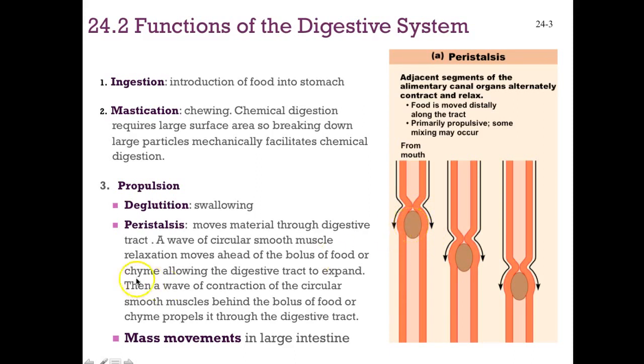Once we get into the stomach, we call that food chyme because it's a little bit more liquefied. So the whole process of peristalsis is to contract those smooth muscles to help propel that food further down the digestive tract. And then we have our mass movements in the large intestines.